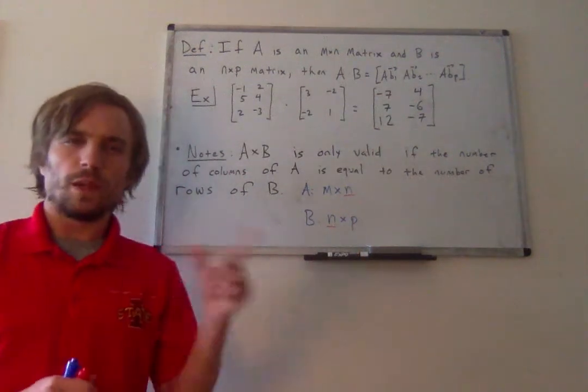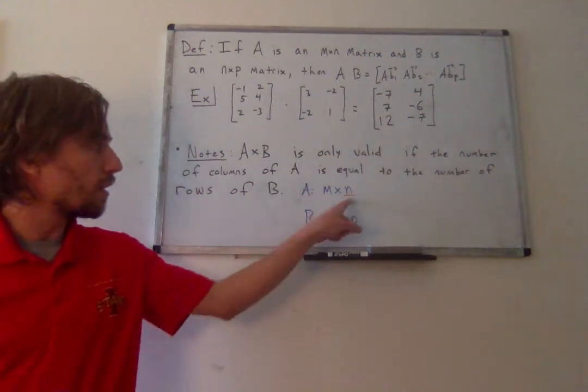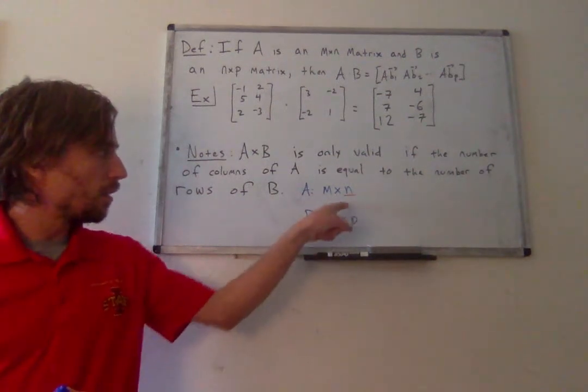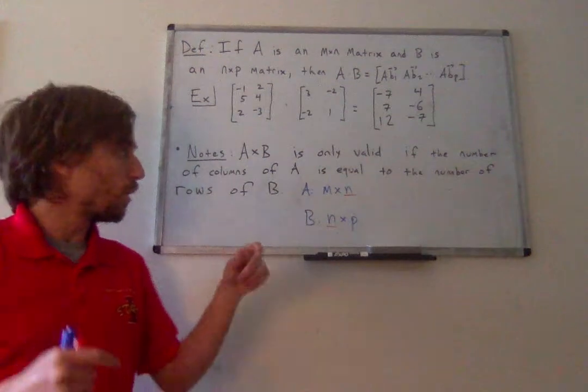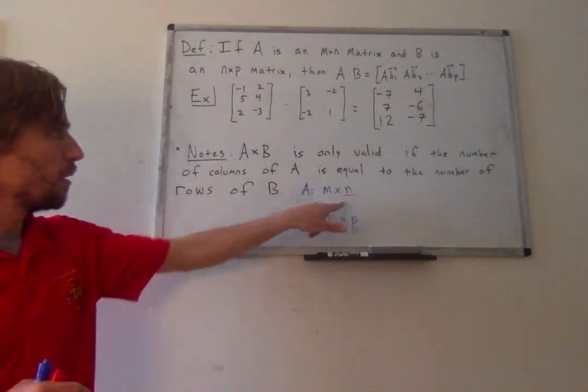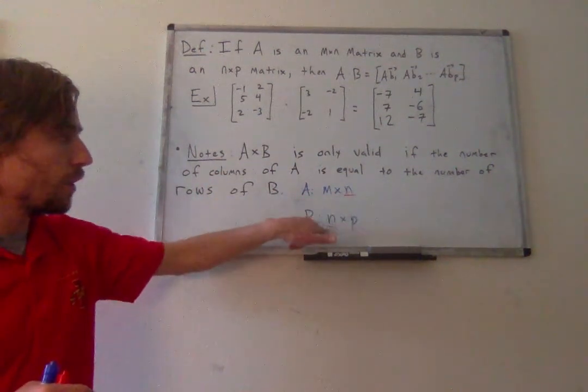So that's how I always tell myself, can I multiply the two matrices? I check, do they match up? So A times B, if these numbers are equal, then I can multiply them.